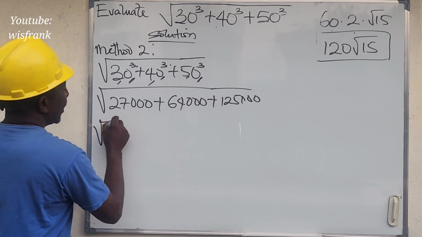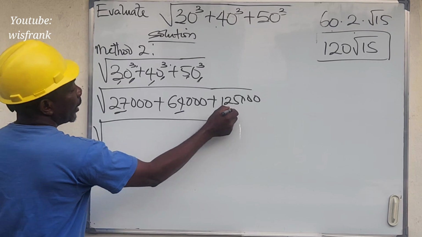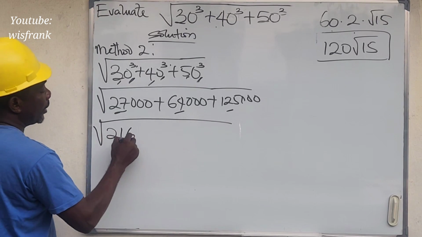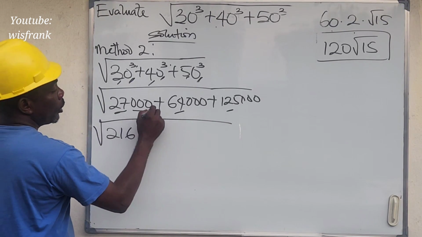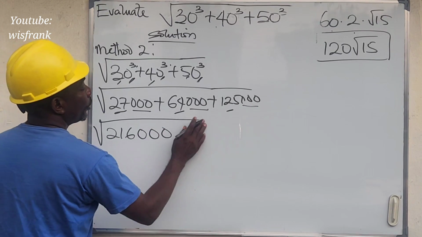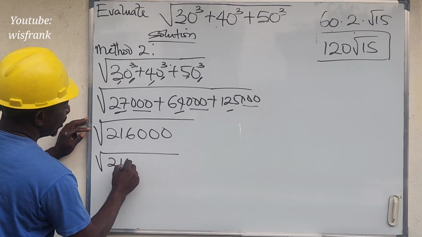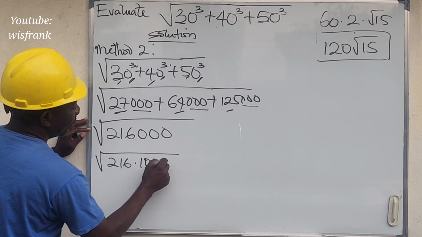So in this case, when we add this, it is going to give us square root of 216. Then we replace with 3 zeros, which is 0 0 0. So this is the same thing as having square root of 216 times 1000.